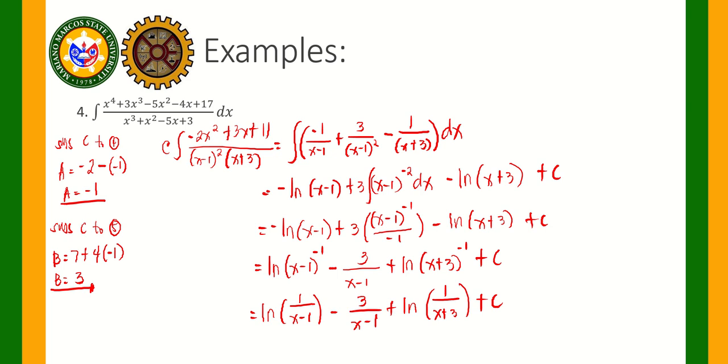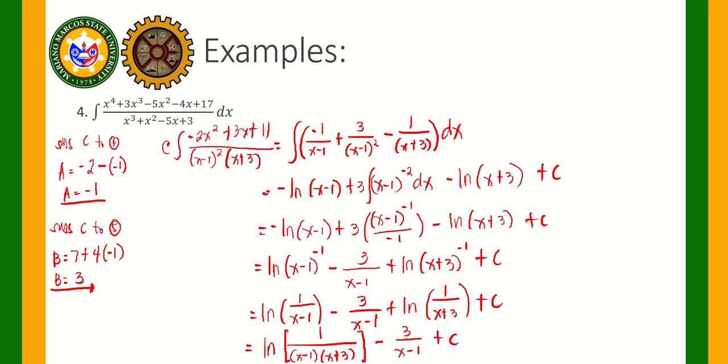So, if we try to simplify this one, this will be equal to ln of 1 over, okay, so since positive to plus, magmumultiply sila. So, this will be equal to 1 over x minus 1 times x plus 3 and then minus 3 over x minus 1 plus c.